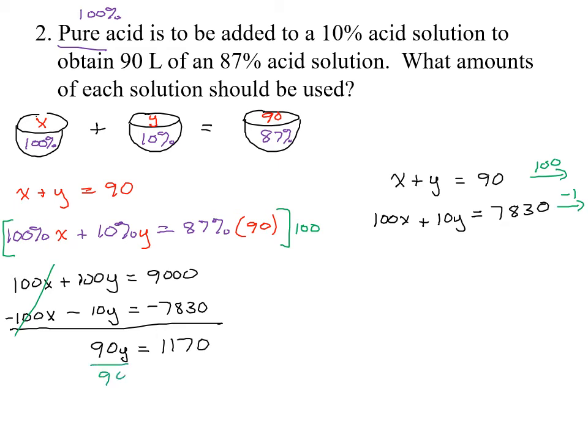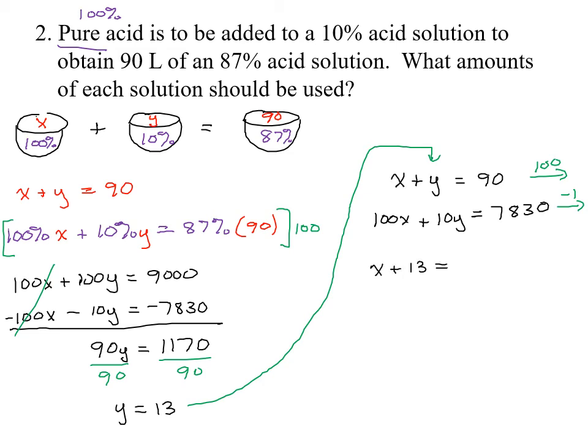And then I divide by 90 on both sides to get the y by itself. So if I do 1170 divided by 90, I get 13. And then I would take that 13, put it back up in here, and say that x plus 13 equals 90. So you just subtract the 13 from both sides. So I get 77.